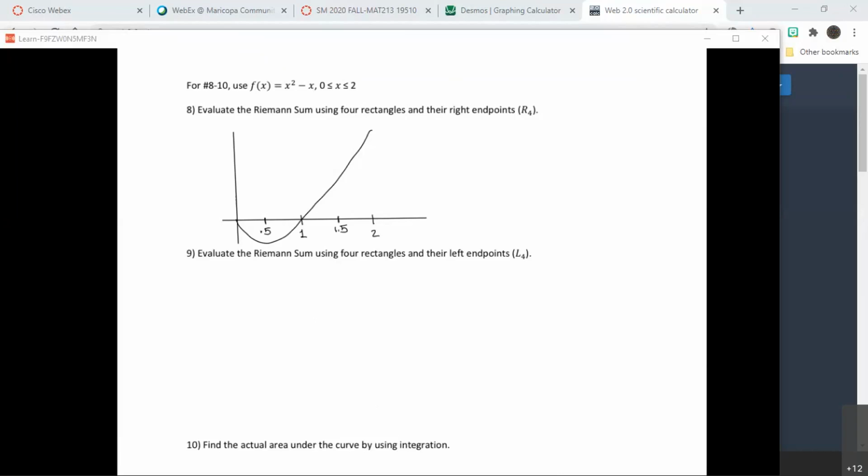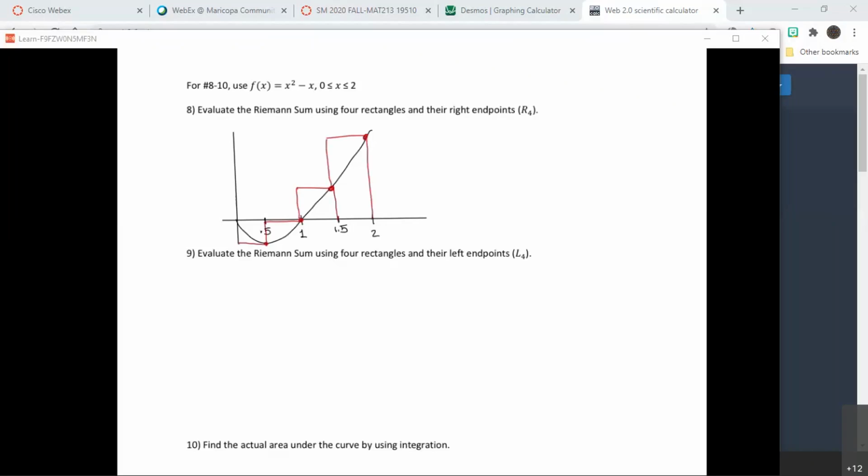Now, right endpoint rectangles means the right endpoint of each rectangle needs to sit on the curve. So here's the first rectangle. The second rectangle has no height. The third rectangle is going to look like this. And the fourth rectangle is going to look like this.